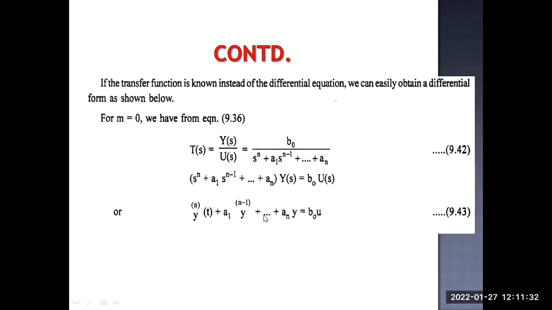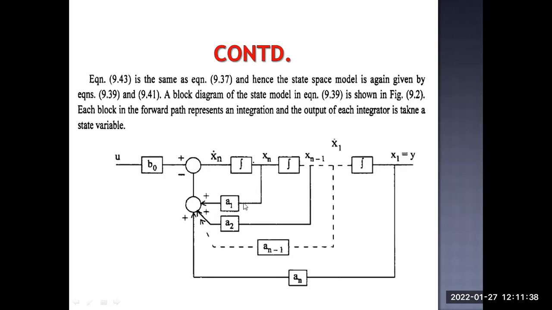Then you have something like a1 into y^(n-1), which is basically your xn. So xn will come here, and finally if you integrate xn dot, all these terms are coming here, so this summation is going here.